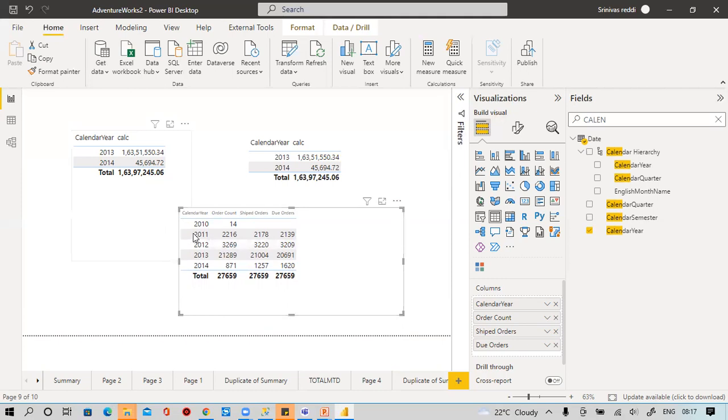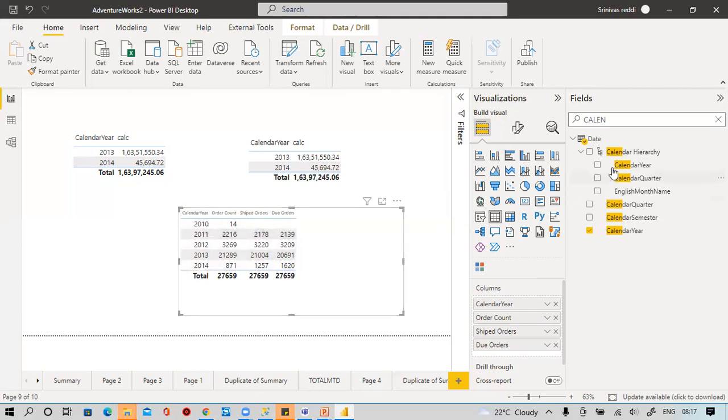By seeing this visual, forget about the 210, 211. These many orders have been ordered, and these many orders have been shipped. These many orders are due, which means in the same calendar year we can identify how many orders have been ordered, how many orders have been shipped, how many orders are due.